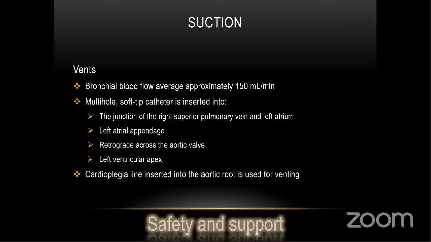It's usually inserted through either the junction of the right superior pulmonary vein and left atrium, or left atrial appendage, or retrograde across the aortic valve, or left ventricular apex. A cardioplegia line inserted into the aortic root is usually used as a vent, or root venting, if cardioplegia is not administered.